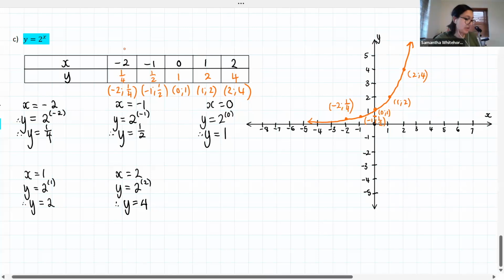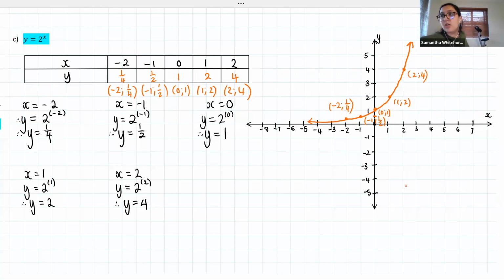Now, guys, this is what we call an exponential graph. From your social sciences, you've probably heard of exponential population growth. If we think about the human population, this would be a graph that shows the human population growing exponentially. Or when you get sick, let's say you get the flu, which is a virus, or you get sick with a bacterial infection, the bacteria grows exponentially.